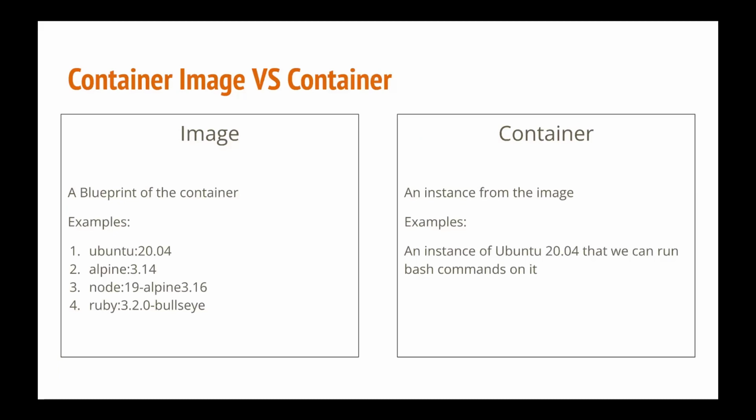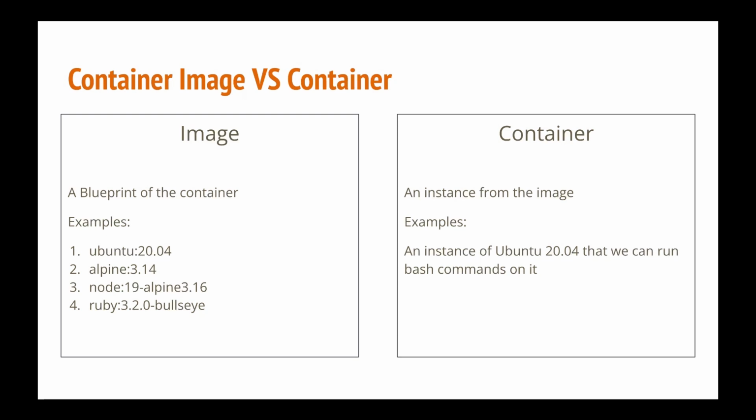Now that we know what is a container, we also need to understand what is a container image and what is a container itself. A container image is actually just a blueprint, nothing executable. So for example, we can have an image of Ubuntu 20, Alpine 3, or Ruby 3, which is installed on Debian Bullseye.